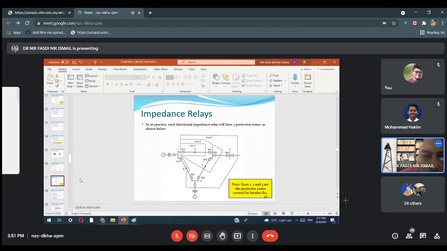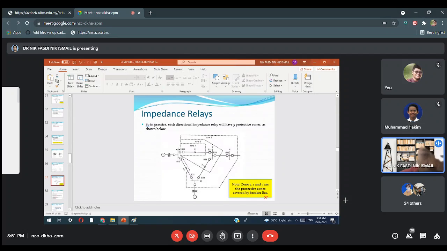Okay. So in practice, each directional impedance relay will have 3 protective zones as shown below. Zone 1, 2, 3 are the protective zones covered by breaker B1, 2.